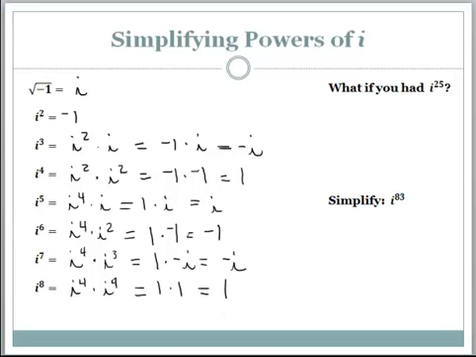So what exactly is going on here? We started with i, then we got -1, then we got -i, then we got 1. i, -1, -i, 1. Do you see a pattern forming here?